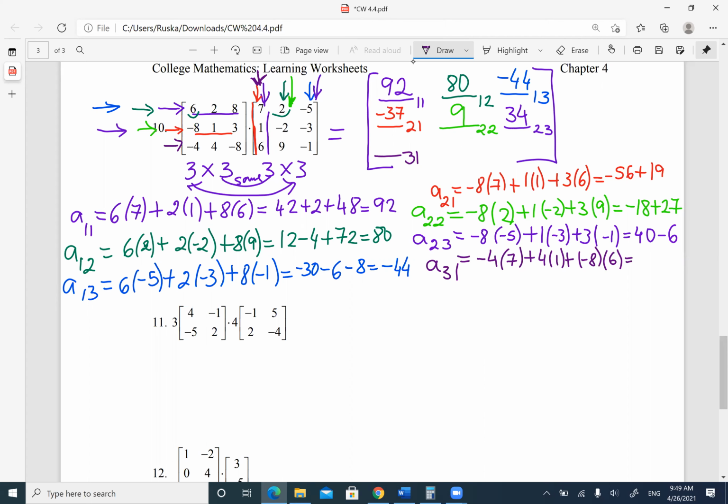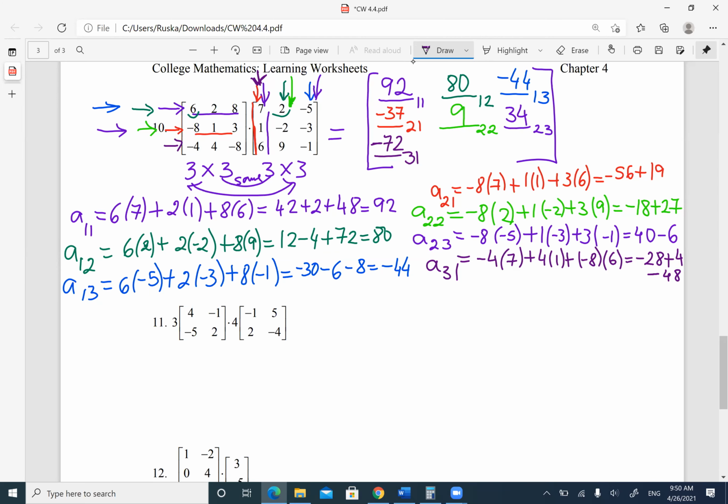So that's going to be negative 28 plus 4 and negative 48. So when I do that, I have 4 minus 28 minus 48. I get negative 72. Did you guys get that?